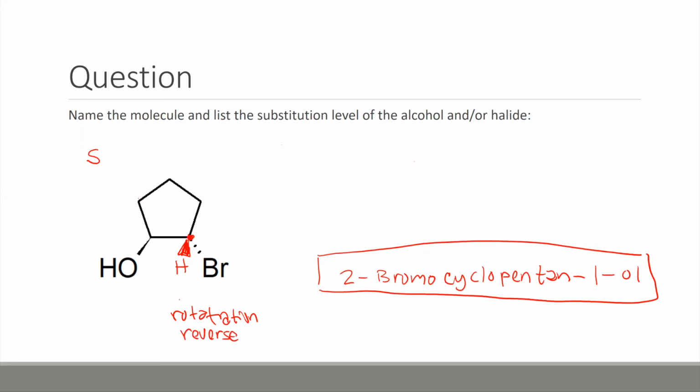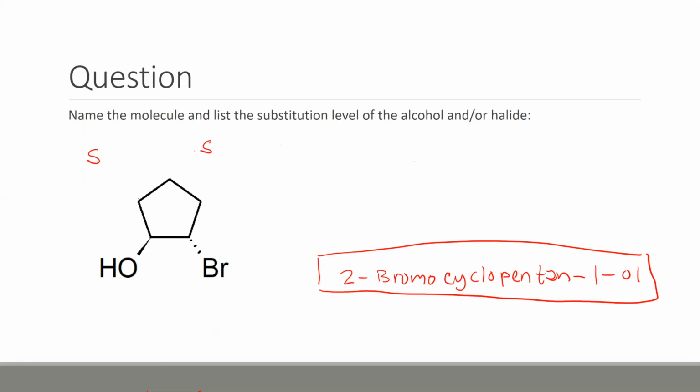The real rotation will be the reverse of what you figure out. So again, I'll do my numbering based on the groups present. This would get number 1. This would get number 2, and this would get number 3. When I draw my arrow, that is clockwise, which is R. However, like I just said, the real rotation is the reverse. This is only the case when your hydrogen or lowest group is pointing at you. So in reality, this chiral center is also an S.